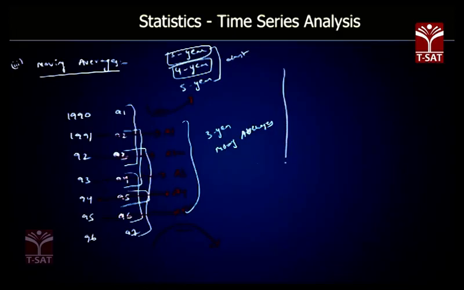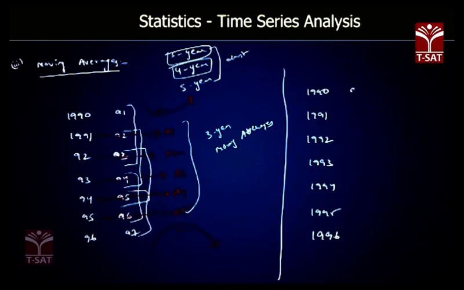Now we will see the 5-year moving average. Take the years 1990, 1991, 1992, 1993, 1994, 1995, and 1996. In the same way we have the values A1, A2, A3, A4, A5, A6, and A7. In the 3-year moving average we considered 3 years and found their average.